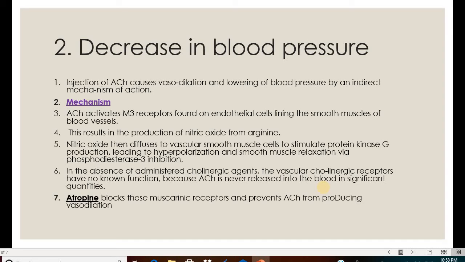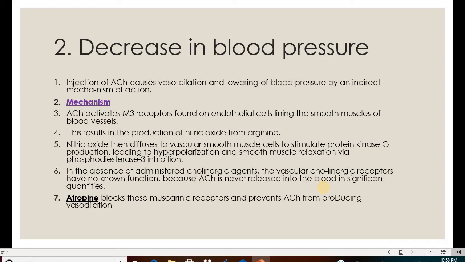Atropine is a parasympatholytic drug which blocks these receptors and prevents acetylcholine producing vasodilation. So vasodilation occurs when the acetylcholine binds to the M3 receptor which is present in the smooth muscles. When it binds, it releases nitric oxide.